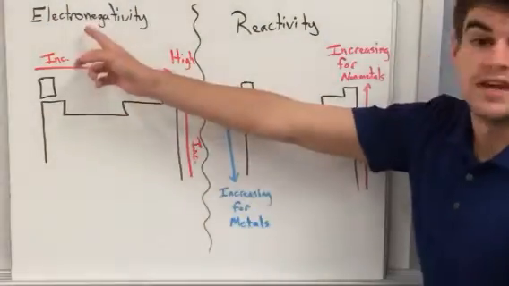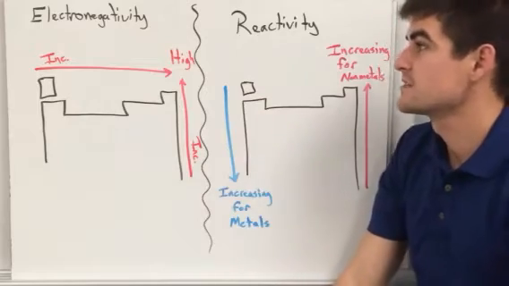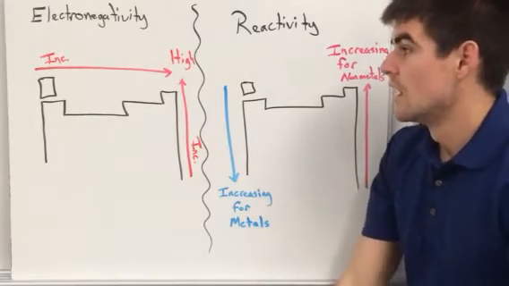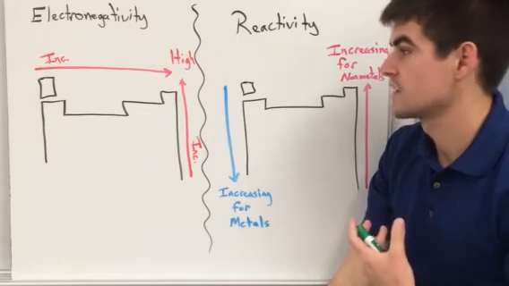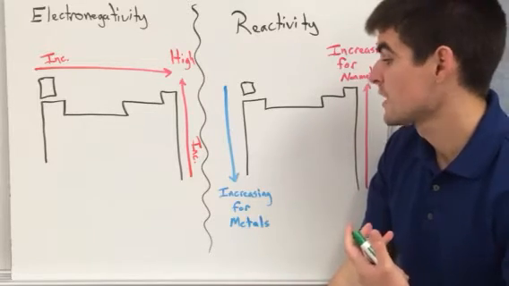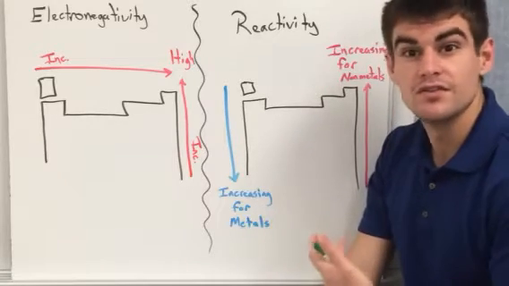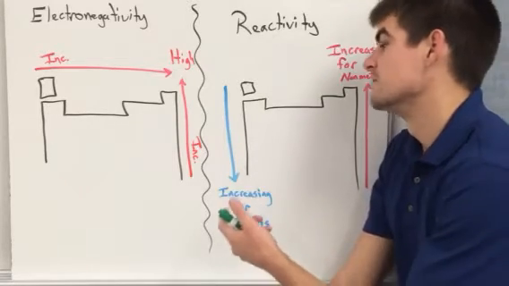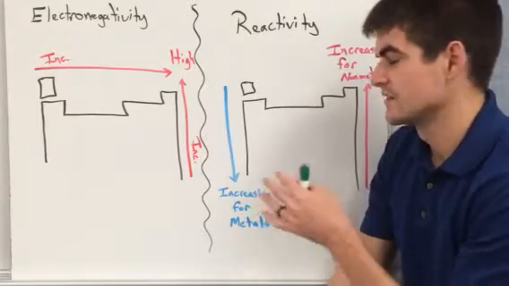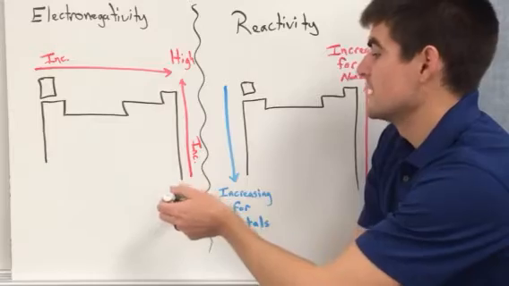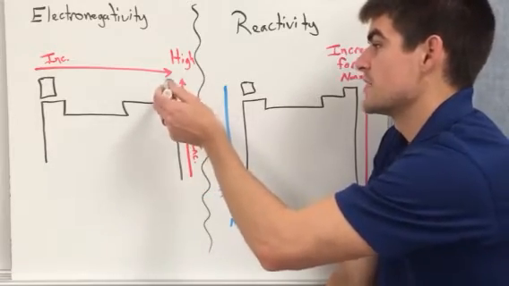The next one, electronegativity. This is how much it likes electrons. So how much pull does it have towards electrons? And this one, it's the opposite of ionization energy in terms of chemistry. So here, it increases as we go up here.